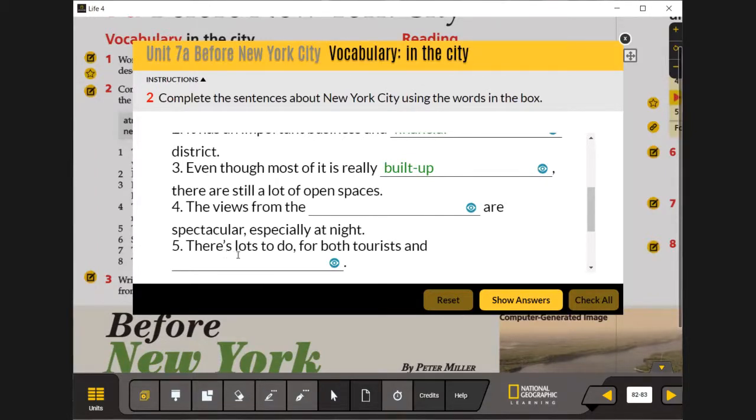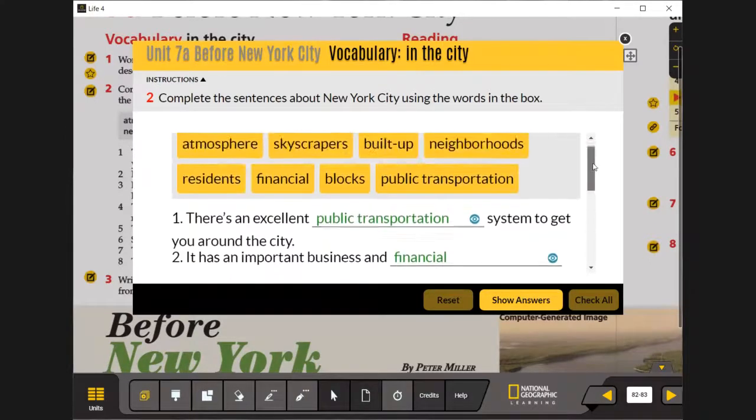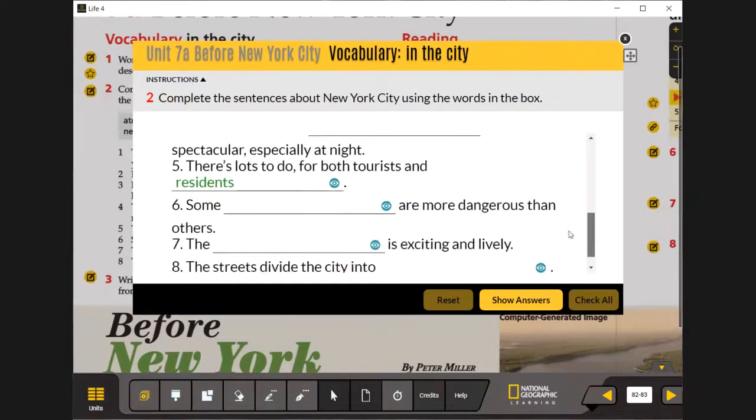There's lots to do for both tourists and residents. Okay, thank you. Yes, Bruno. Some neighborhoods are more dangerous than others. Yes, definitely.